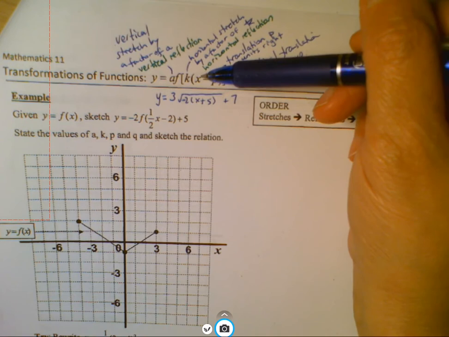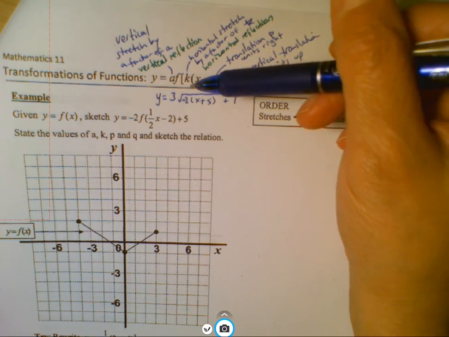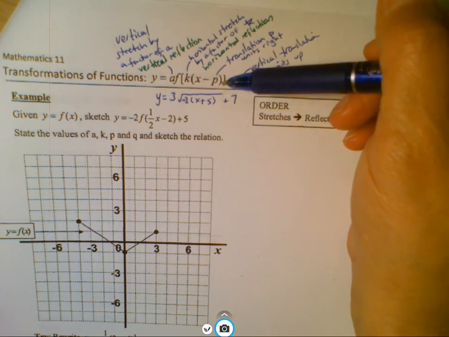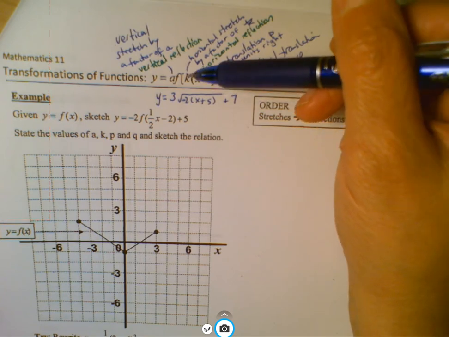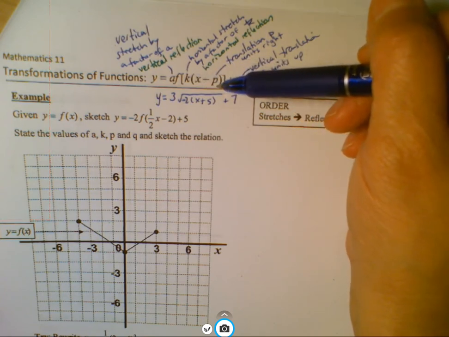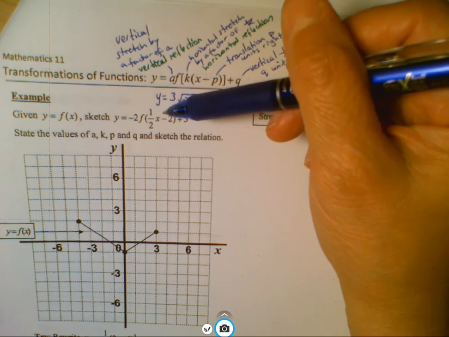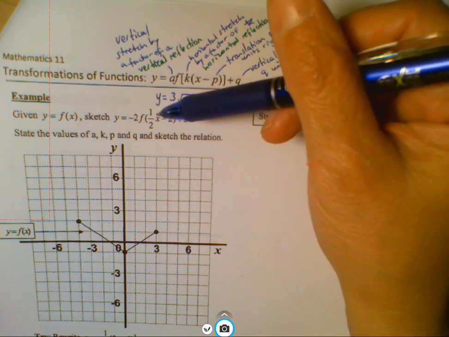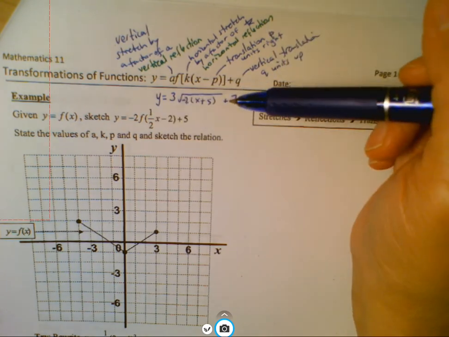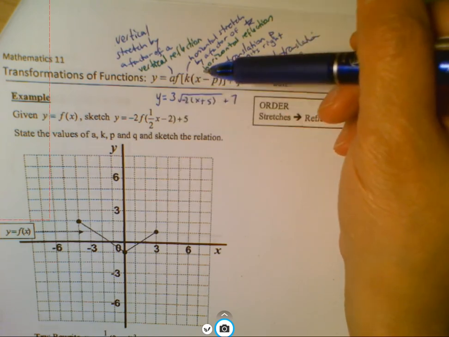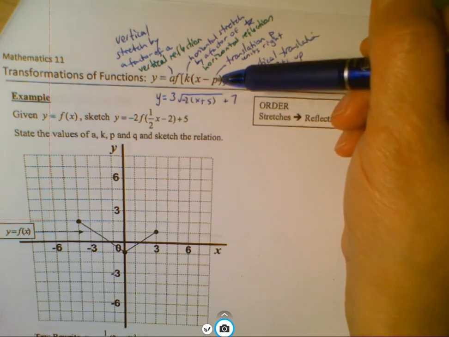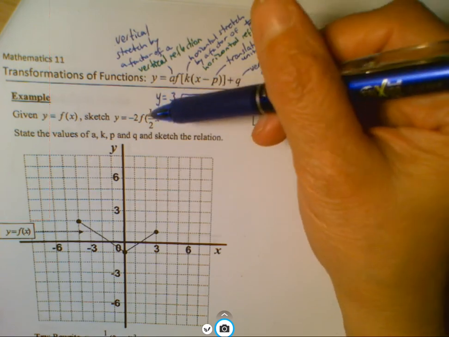Okay, so you may notice that in this equation here, the x minus p are in a bracket, which means that the k has been factored out. Look here, there is no inner bracket, so we're going to have to factor out this k to see what's left inside, to see what goes in the bracket. Because if I want to read the horizontal translation, I can't read it like this.